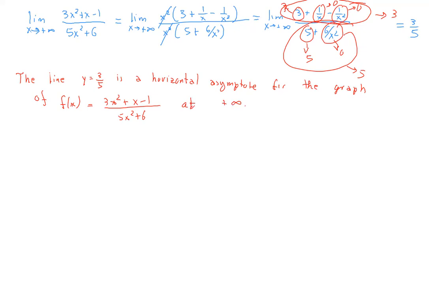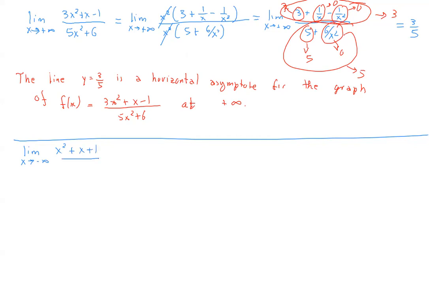And we can also guess here that when the degree of the numerator is less than the degree of the denominator, at either positive or negative infinity, the limit is going to be 0. Why? What would we do here? Usual story. So we will factor out x squared, and we will have 1 plus 1 over x plus 1 over x squared, divided by x cubed times 1 plus 1 over x cubed.